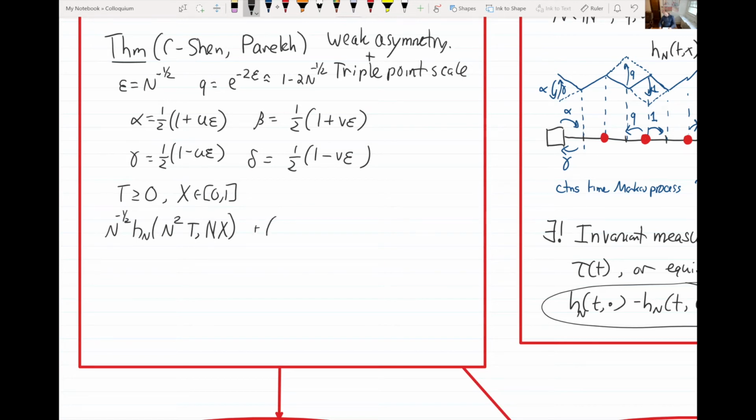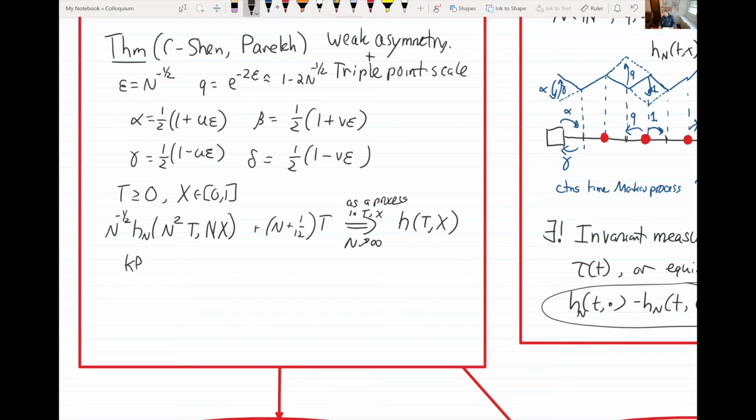And then there's some centerings, which I'll just write down. I won't go into, because the thing, again, drifts off in one direction. Then this process, as a process in t and x, so as a stochastic process, converges as n goes to infinity to the solution of the KPZ equation in these macroscopic variables.